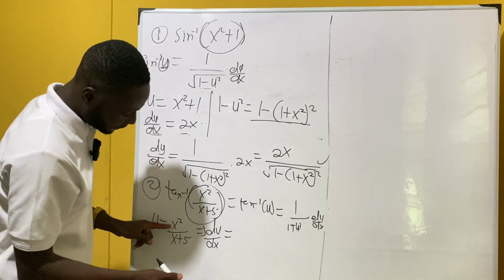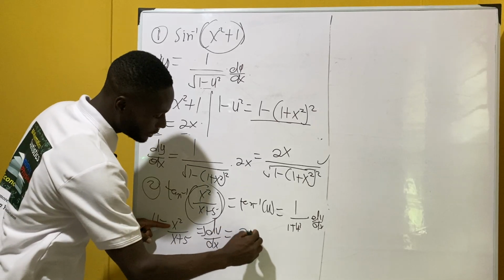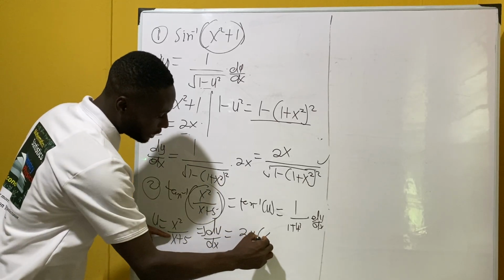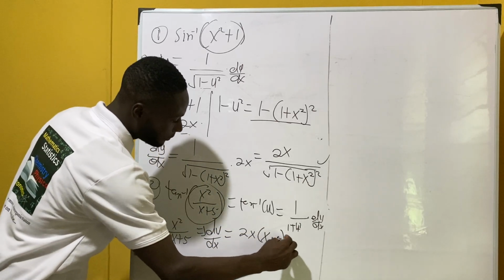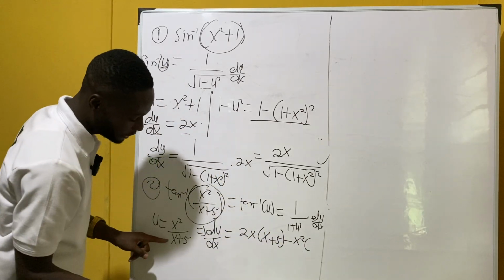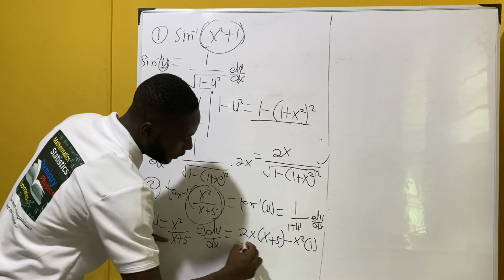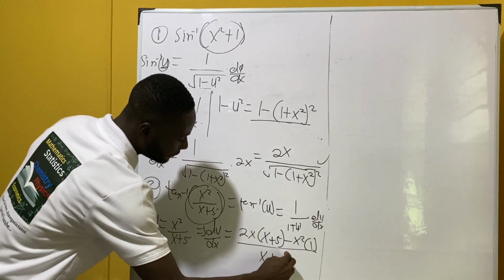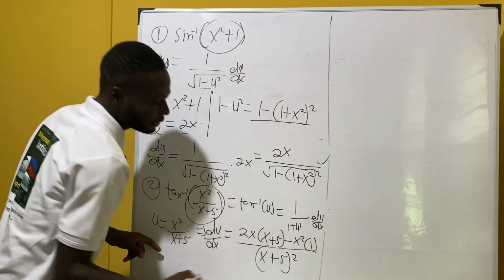So differentiate this, you have 2x, then you maintain the denominator, which is x plus 5, minus maintain x squared, then you differentiate the denominator, which is 1, all over x plus 5 all squared, right?